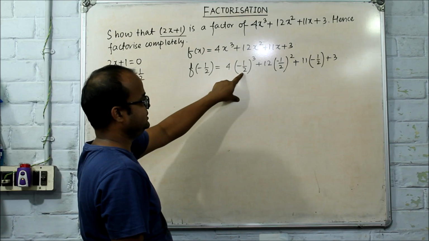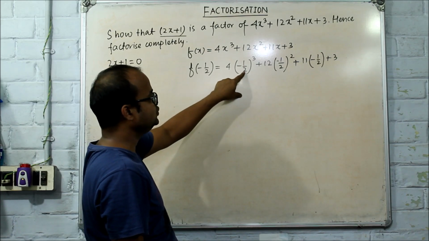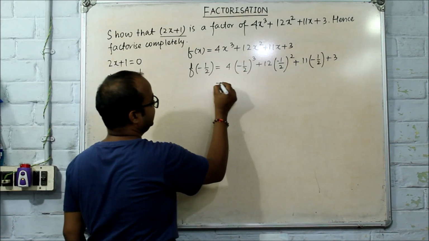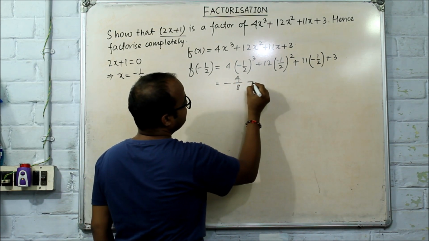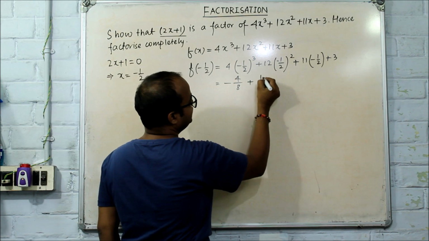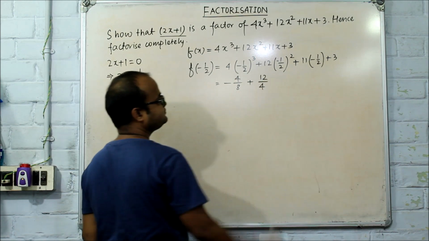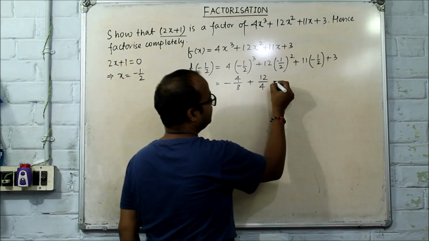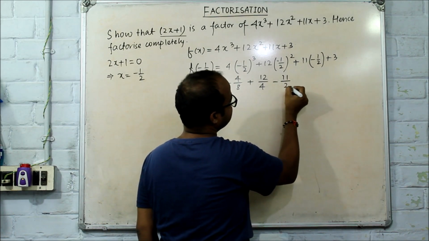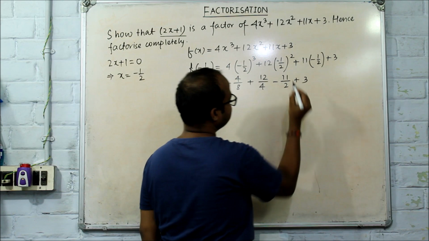Minus 1 by 2 cube is equal to minus 1 by 8. So you get minus 4 by 8 plus 12 by 4. 1 by 2 square means 1 by 4, minus 11 by 2 plus 3.